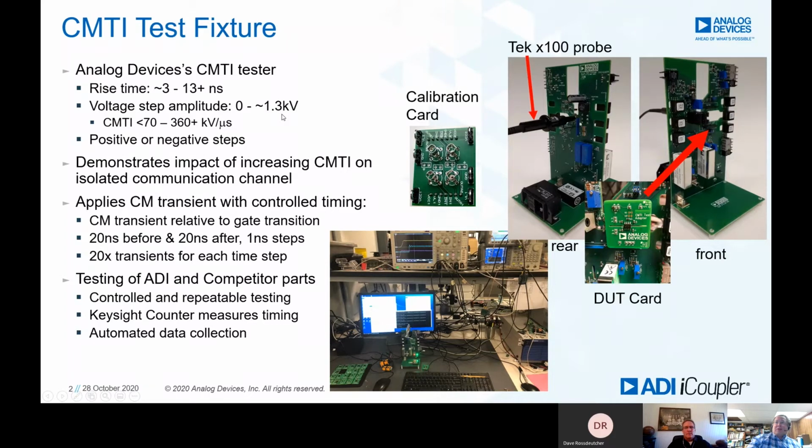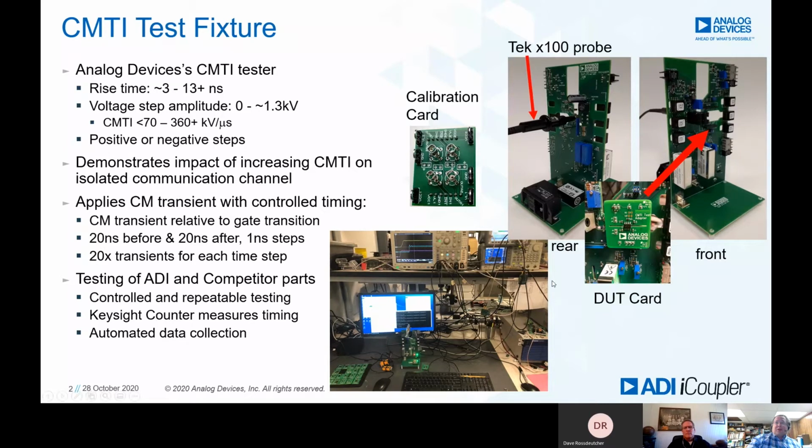We can do positive and negative steps, and we can control exactly when we apply that transient relative to the signal being sent through the gate drive. So we can adjust that, and we can see in a controlled manner what happens to the gate drive when you have a transient that happens at different times.